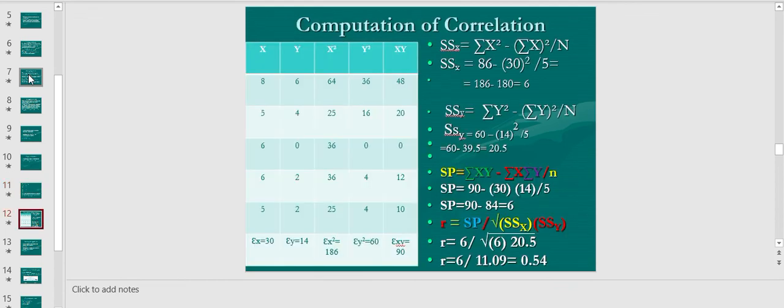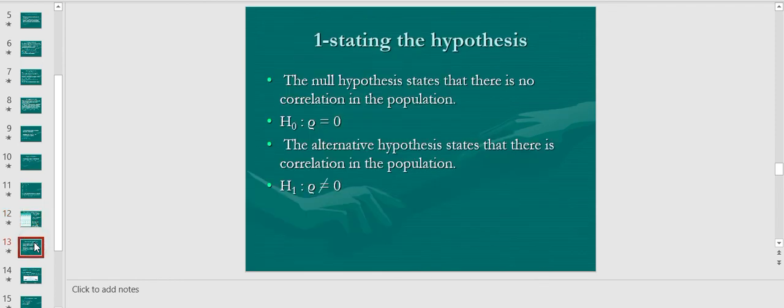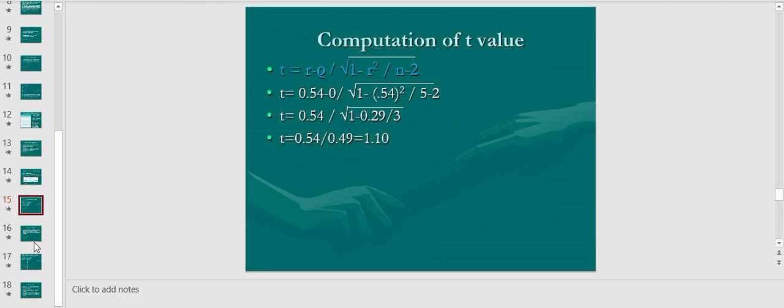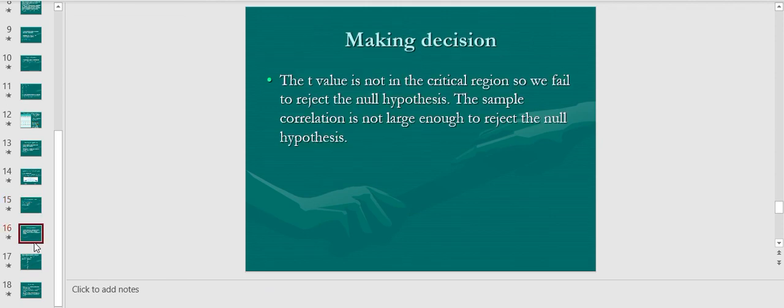Before going to the steps for the hypothesis testing, we computed the value of r, which is 0.54. Then step by step we followed the hypothesis testing and reached the conclusion.